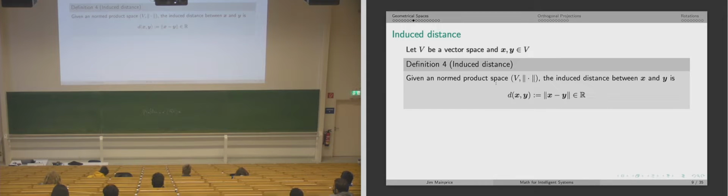Norm is just applying the inner product to the vector itself and then taking the square root. And that's the induced norm. And now we are going for the induced distance, which is saying we compute the difference between two vectors and then we apply the norm of that. So that goes with our intuition of what the distance between vectors is going to be.